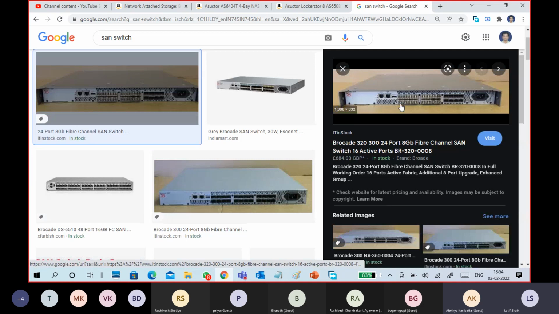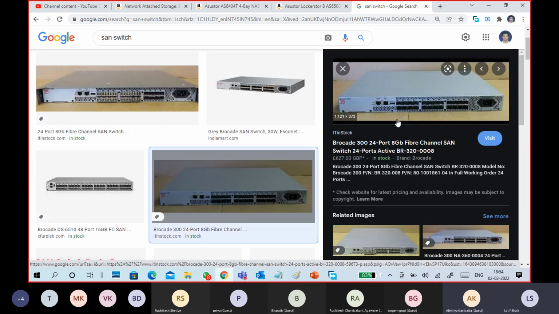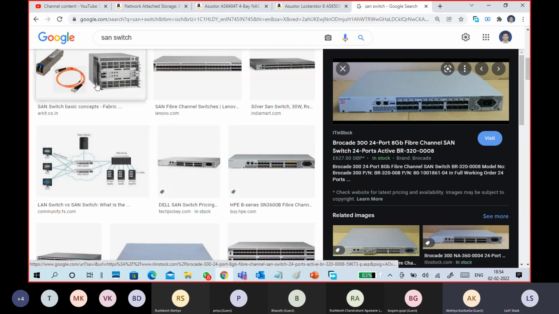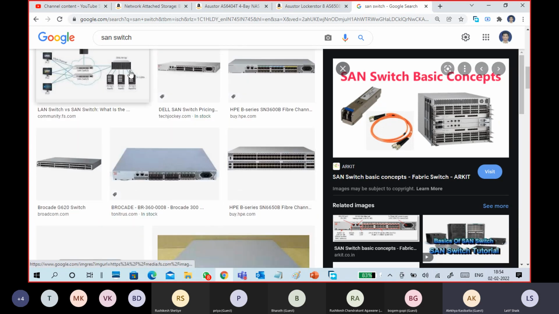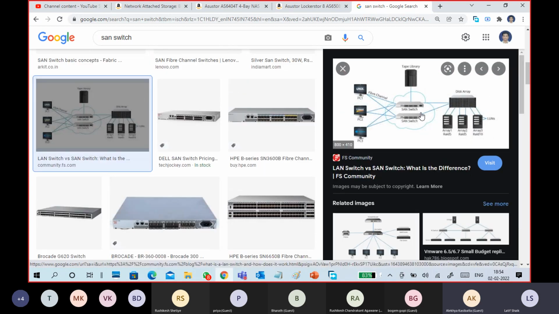You can see the SAN switches directly. Fiber optical connections are there. This is the SAN switch, meaning fiber optical switches only, not a separate thing.